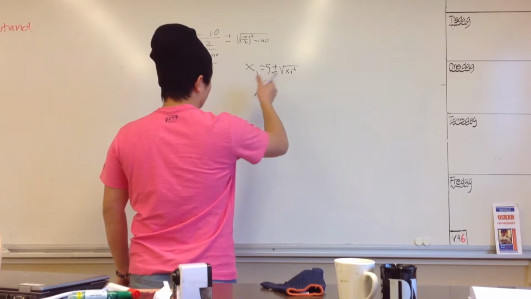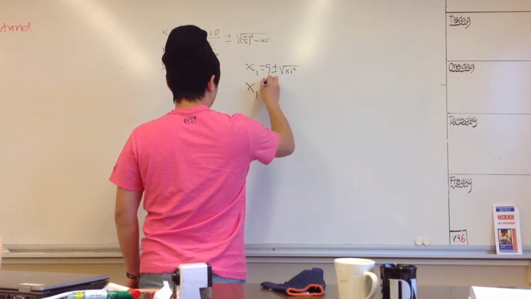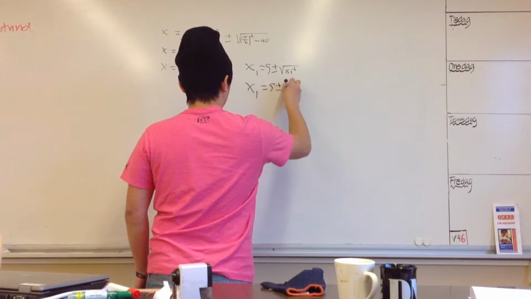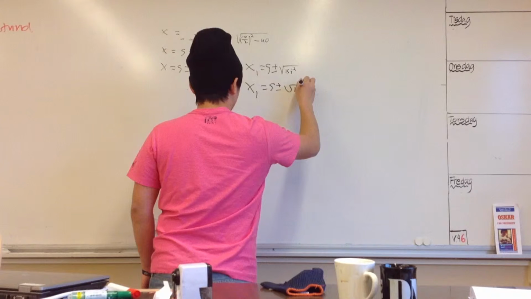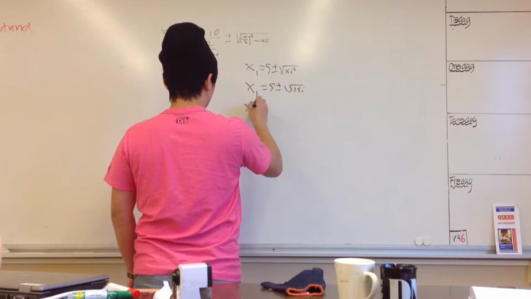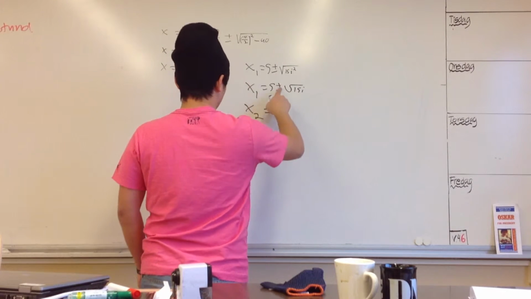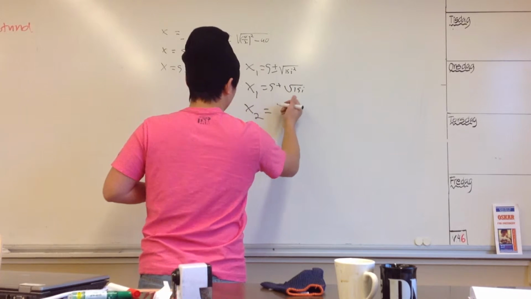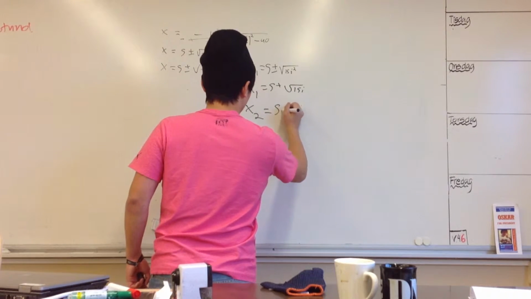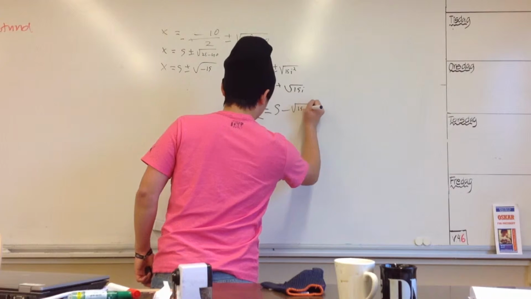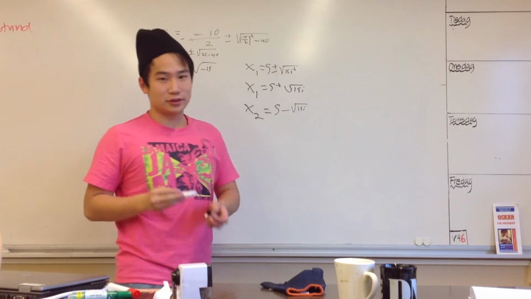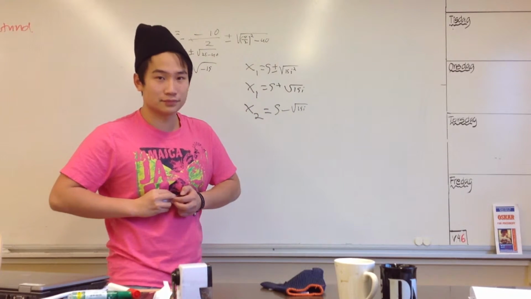So this is the first answer, and we get x1 is equal to 5 plus the square root of 15 i. And the next answer is, of course, x2 equals, no, it should be plus, right? And equals 5 minus the square root of 15 i. And now we got the answer to Cardano's problem.